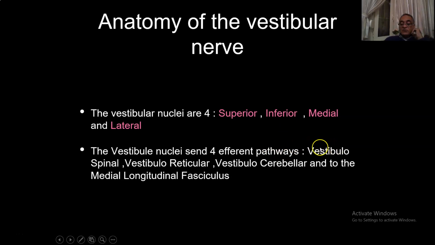So the information to affect the posture has to be given to the spinal cord, to the cerebellum, to the medial longitudinal fasciculus, which is organizing the motion of the eyes with the position they receive from the vestibular nerve, and to the reticular formation.